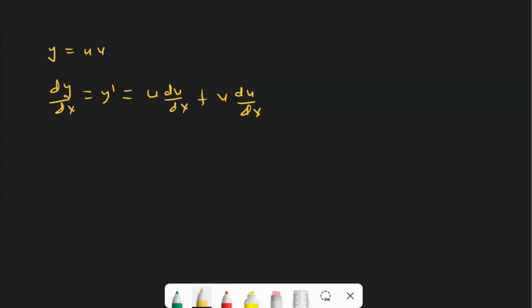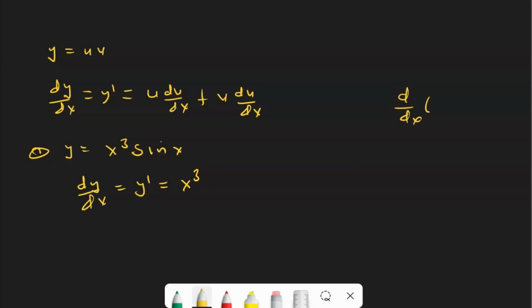Now let's deal with this using a concrete example. Assuming we are given example 1, which is y equal to x cube sine x, and we want to find the first derivative of this function. So we have dy over dx, which is the same thing as y prime, is equal to: we put down the first function, which is x cube, multiplied by the derivative of sine x, and we know d dx of sine x is equal to cos x.